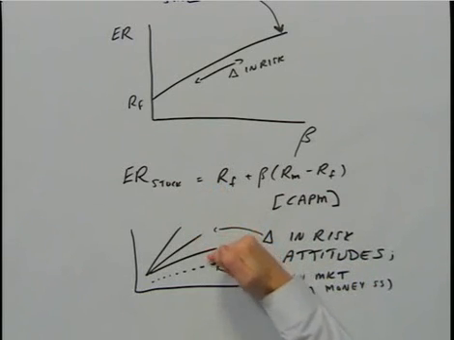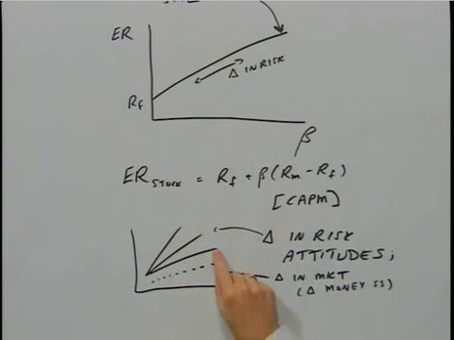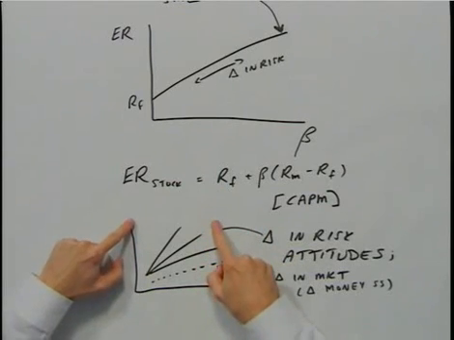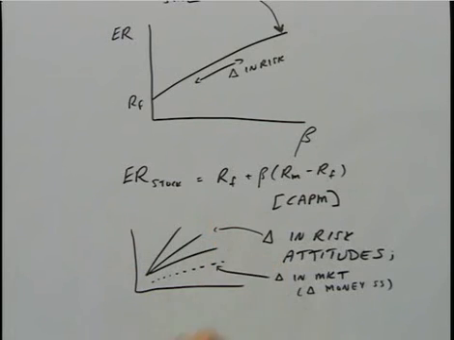And what that means is that biotech company that was previously giving you a return at that level now has to move up and give you a return at a higher level because people are more nervous. And that would have happened more recently with the meltdown in the market that we saw in the early part of the century and the collapse in the NASDAQ. What we experienced there was people's attitudes towards risk were changing. And if you're going to buy a biotech company, you better be compensated for taking on that risk.